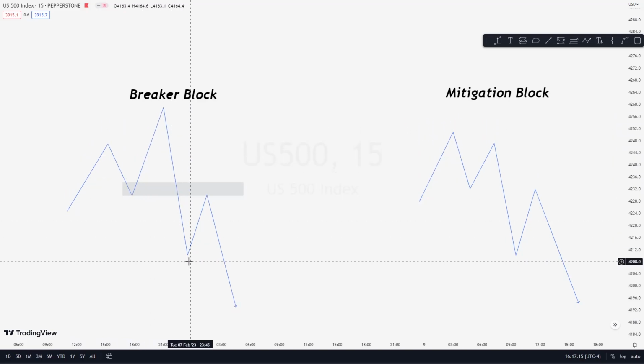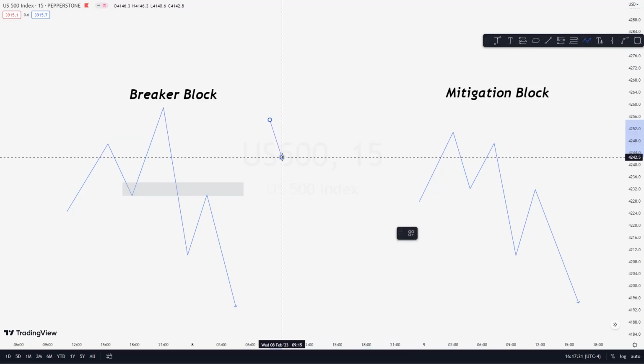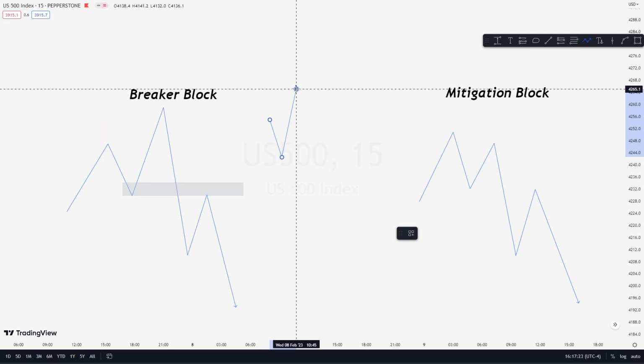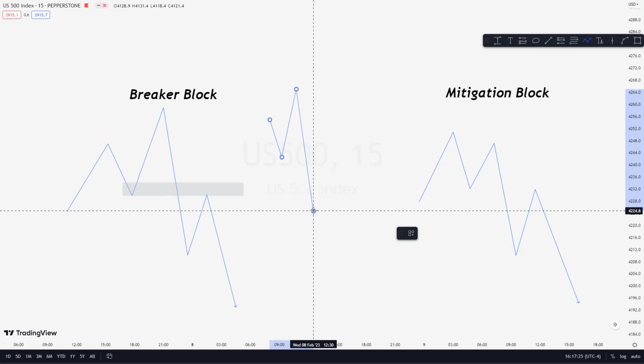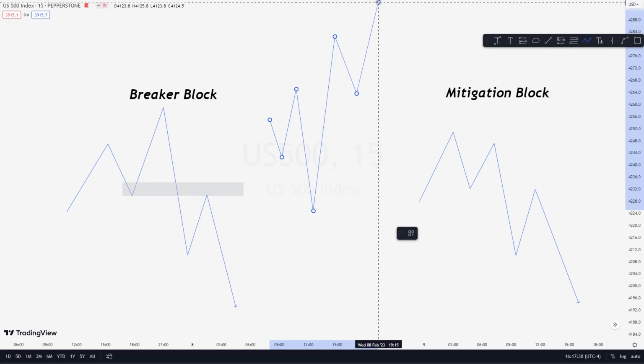Then that's a breaker. If you want a bullish example, we'll go low, high, lower low, higher high. There we go. Just like that. That would be a good bullish example.